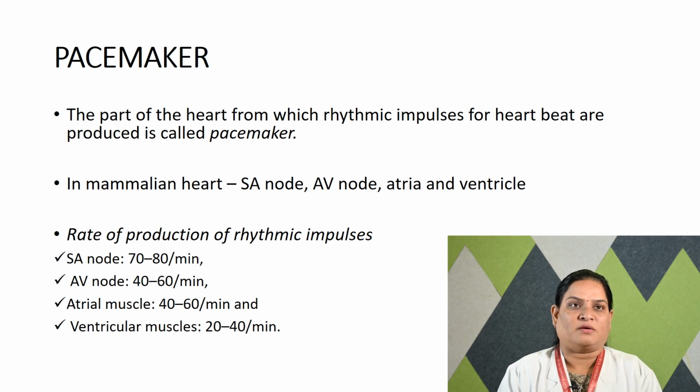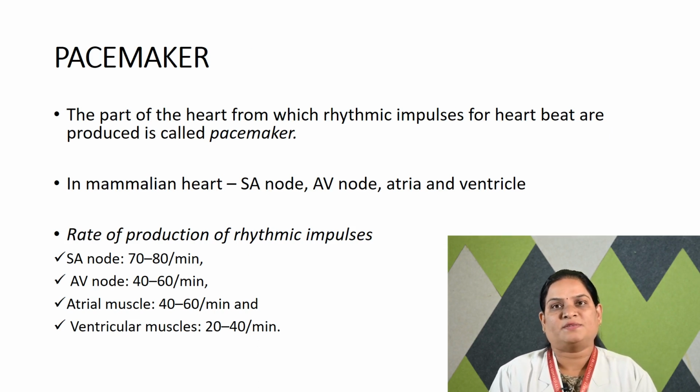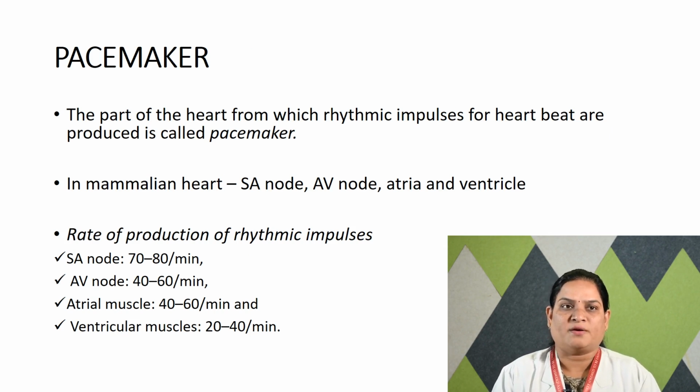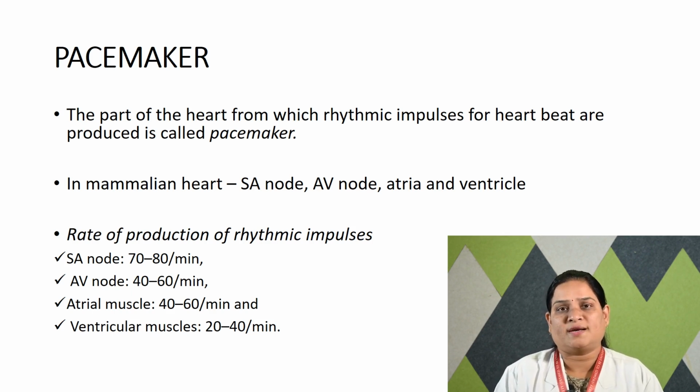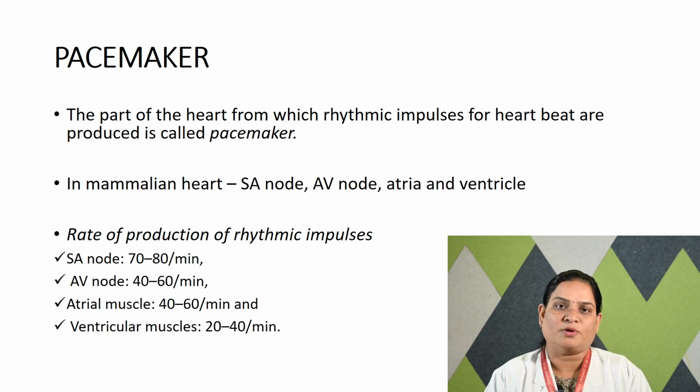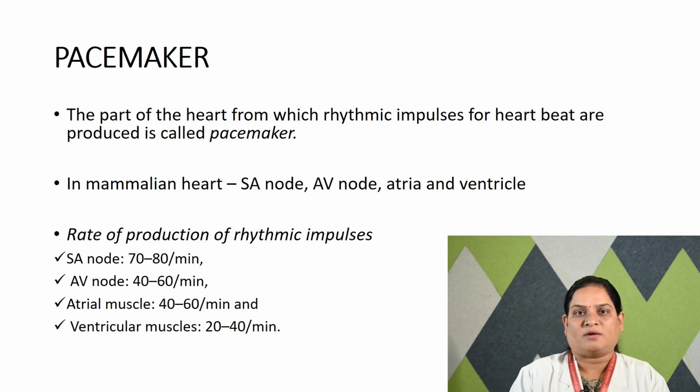Now the pacemaker. The part of the heart from which rhythmic impulses for the heartbeat are produced is called the pacemaker. In the mammalian heart, the SA node, AV node, atria and ventricles are there. But the SA node is the pacemaker because it generates more impulses as compared to the other structures of the heart.